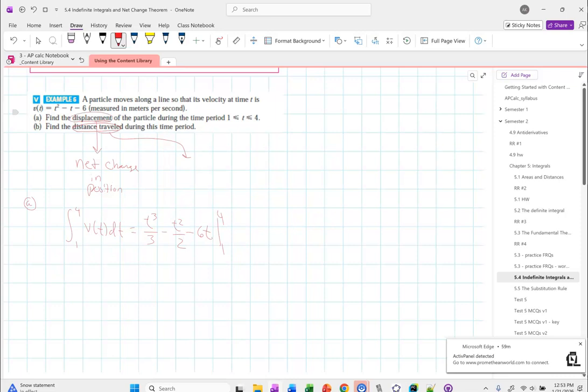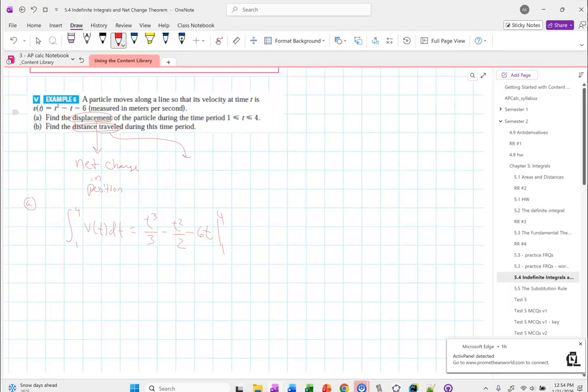Now, if I talk about distance traveled, what's the difference between distance traveled and net change in position? Let me illustrate it to you. Displacement in total. This is time 0. This is time 2. What's my net change in position? 0. How much distance did I travel? Yeah, 20 feet or something, right?